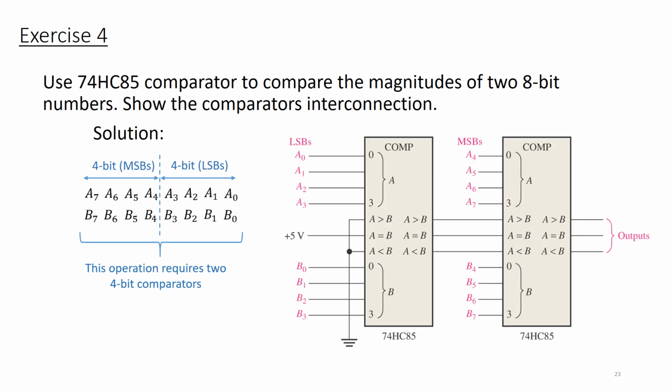So it shows something like this, where the LSB outputs A greater than B, A less than B, and A equals B are connected to the MSB inputs of A greater than B, A equals B, and A less than B. For the initial value of the cascading input, we give A equals B 5 volts and the rest we give a ground.